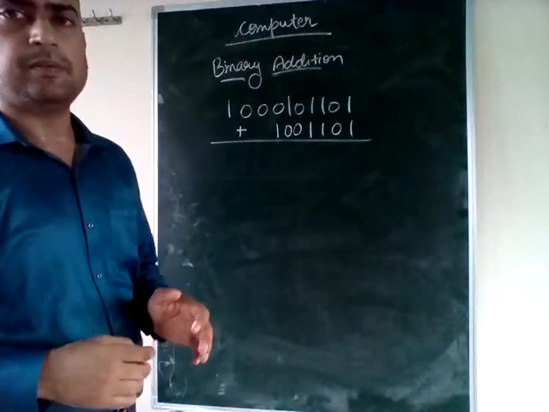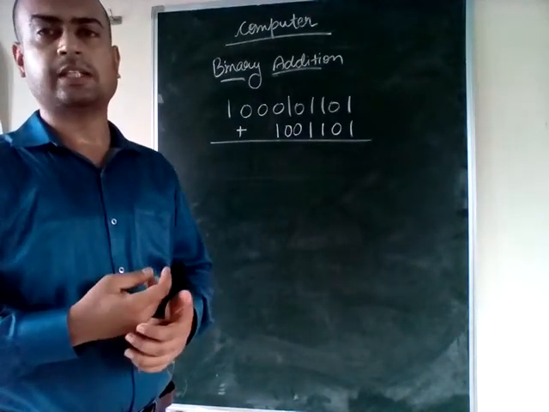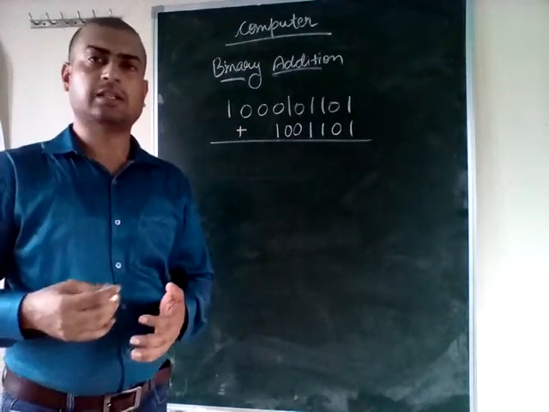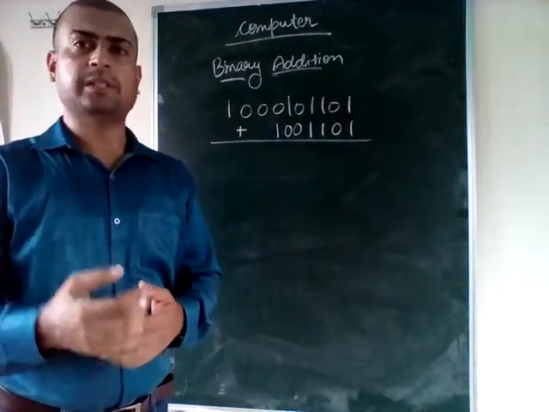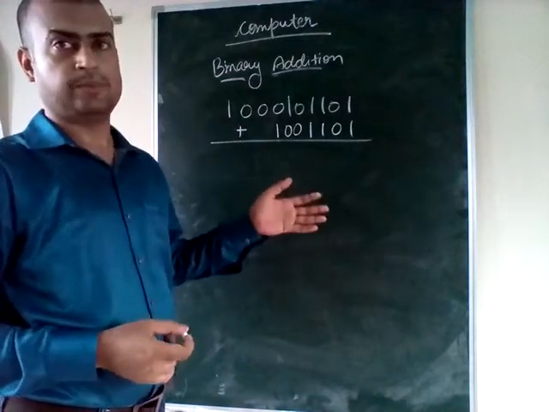The bigger number we will write upside, or downside we can also write. This will not affect the addition, but it is good practice to always write the bigger number upside, and then after we can apply the rules.